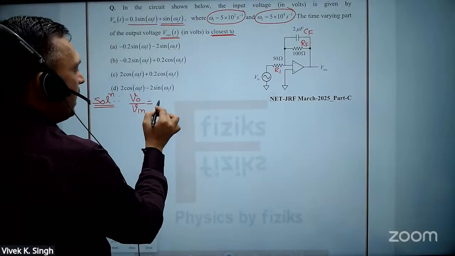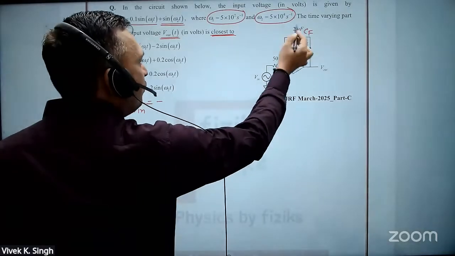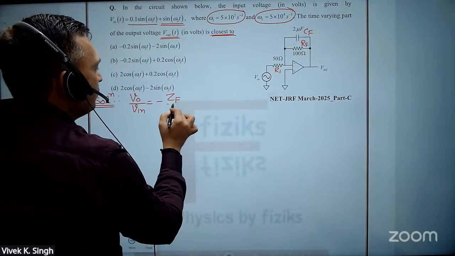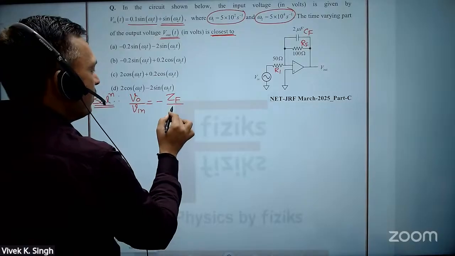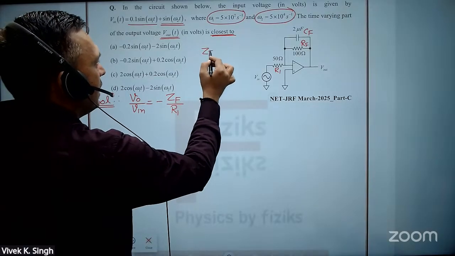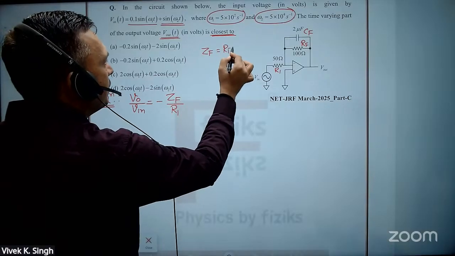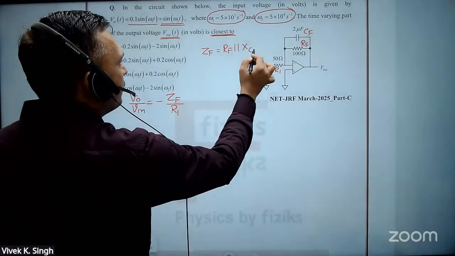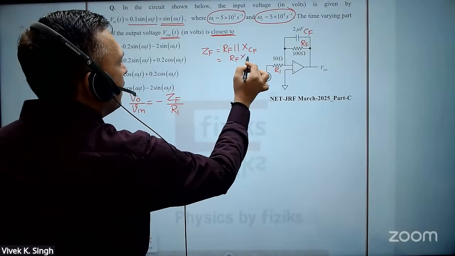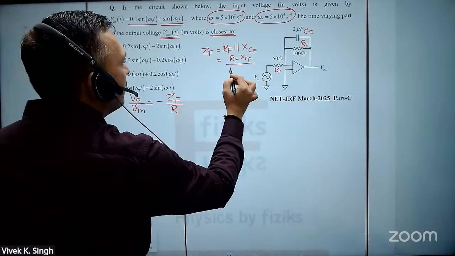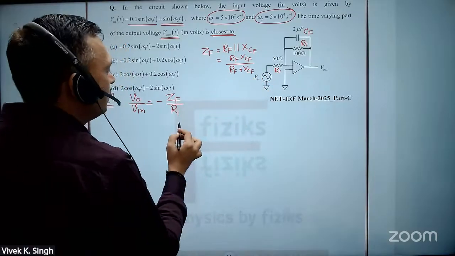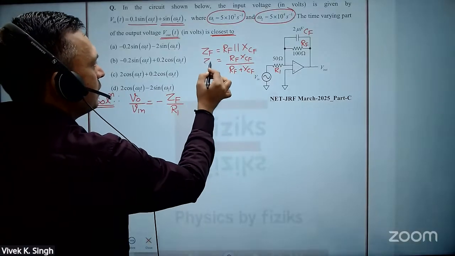So this is minus the feedback impedance ZF divided by R1, because this resistance is R1. And what is ZF? ZF is RF in parallel with XCF, so that is given by RF XCF by RF plus XCF. Yes or no? So this is ZF.